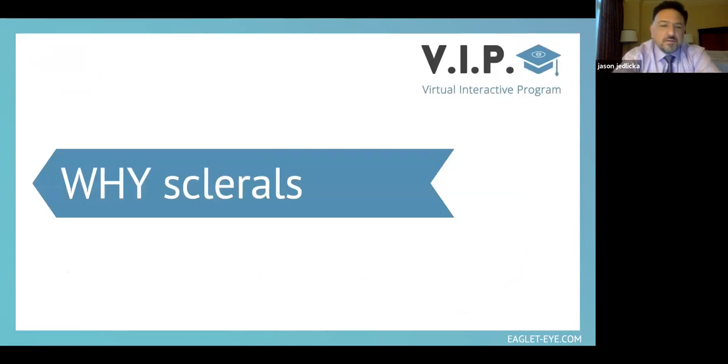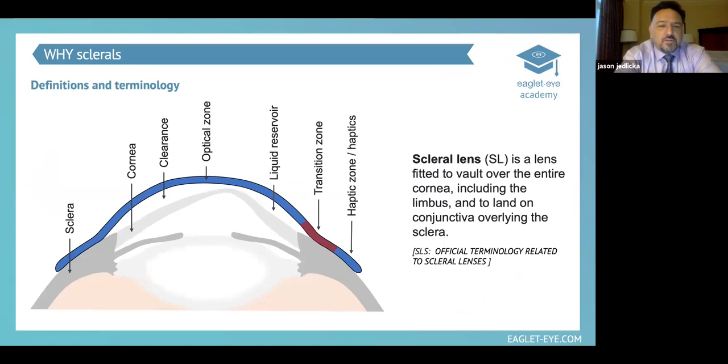So again, first topic, why sclerals? Well, what is a scleral to begin with? Before we talk about why, let's introduce what we're talking about. A scleral lens is a GP lens which is fitted to vault over the cornea and limbus and to land with its full bearing on the sclera and conjunctiva.